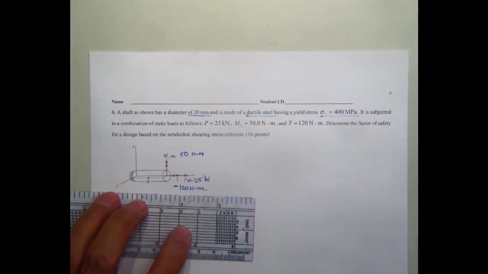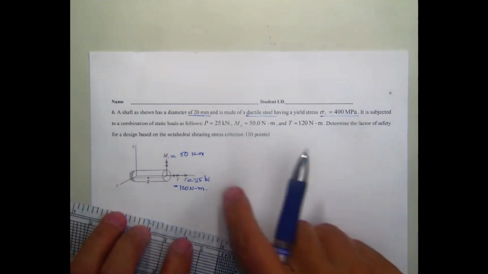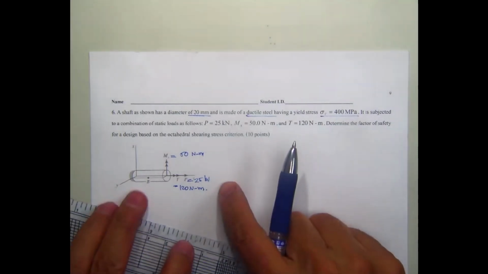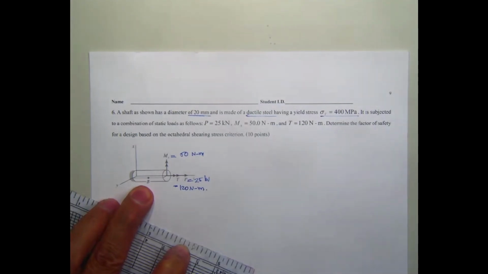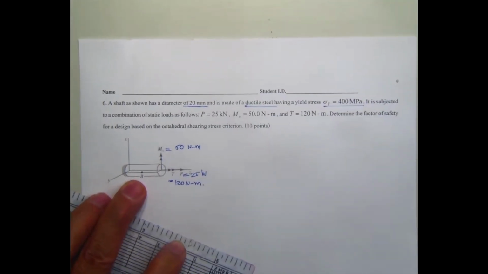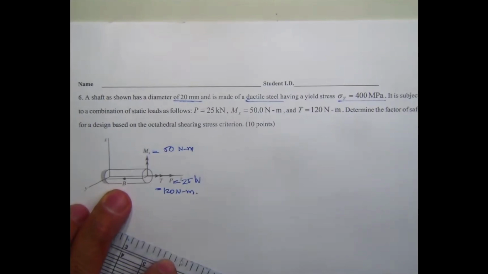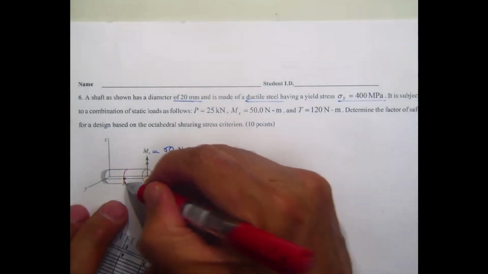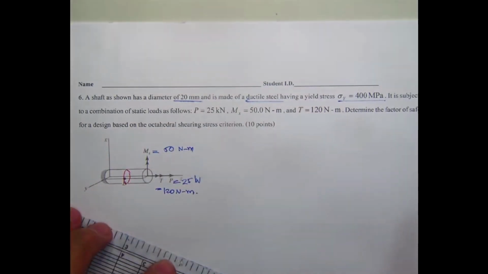The same thing. You may think this is B. You may cut the section and then draw the free body diagram of this one. Then that's going to be the section.